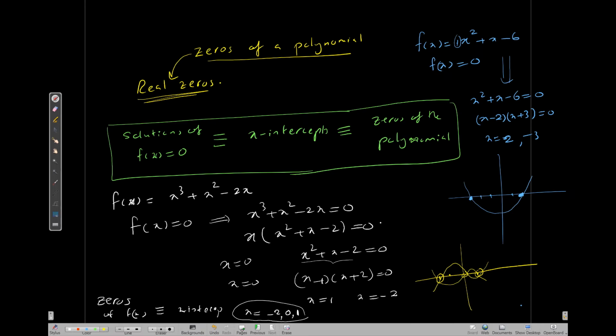Now the next thing is multiplicity of a zero.